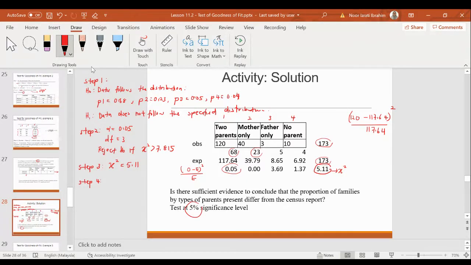For this one, the test statistic is not within the rejection region, so H null is not rejected since the chi-square value is not within the rejection region.